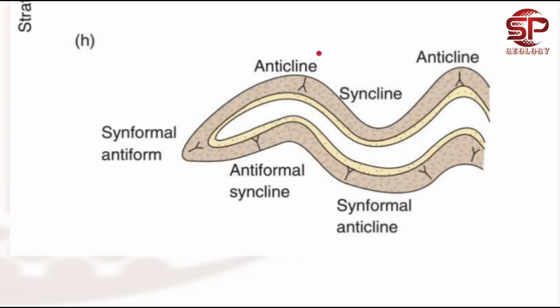According to the order of superposition, whichever is on top will be younger and the bottom will be older, unless there is deformation. So it is a deformation condition. The older is on top and the younger is below. Same condition in the antiformal syncline or synformal anticline.